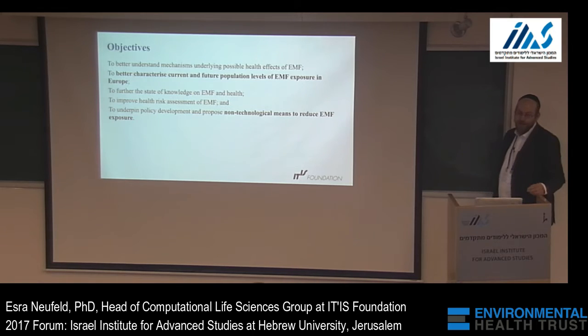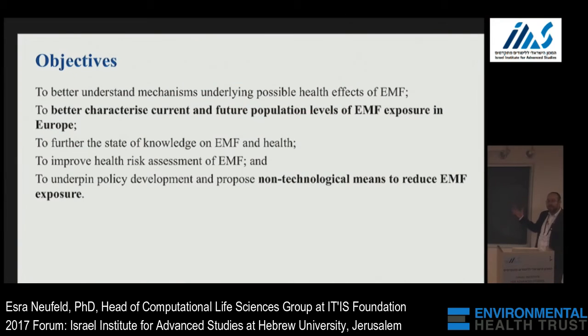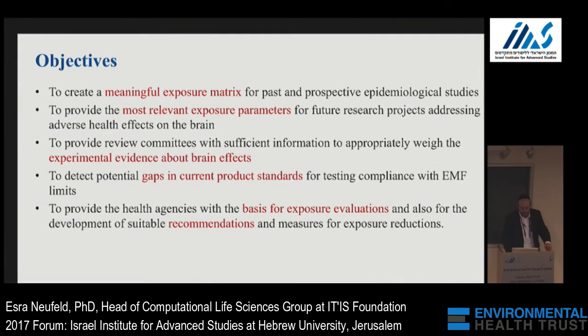It's going to be about how you can characterize the type of external environment that you are exposed to, how you can explore the energy deposition in the human, how you can link that then to the question of what type of exposure you get, and also how you can assess various means of reducing that exposure.